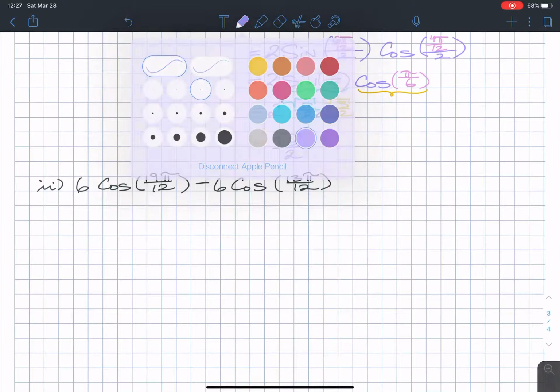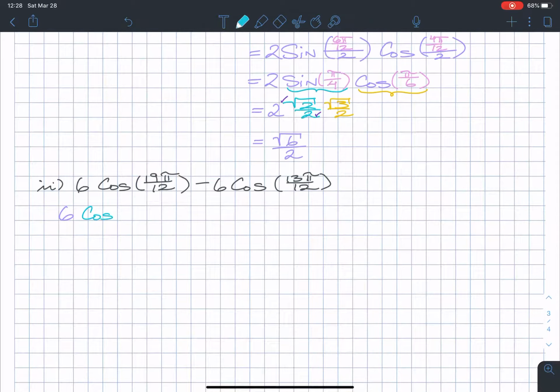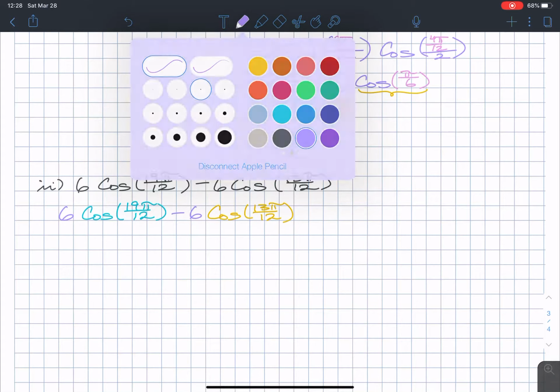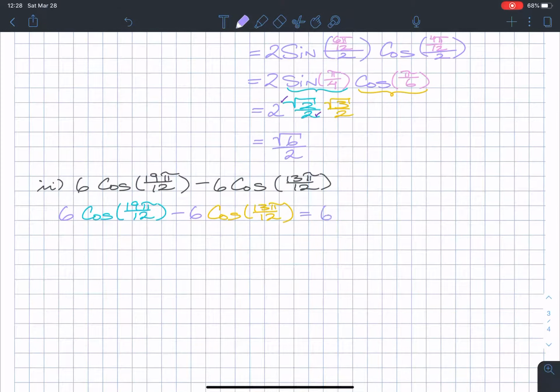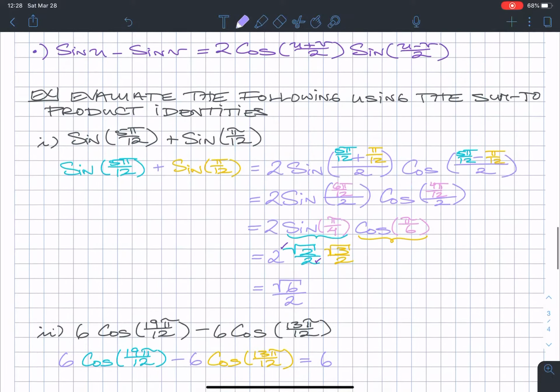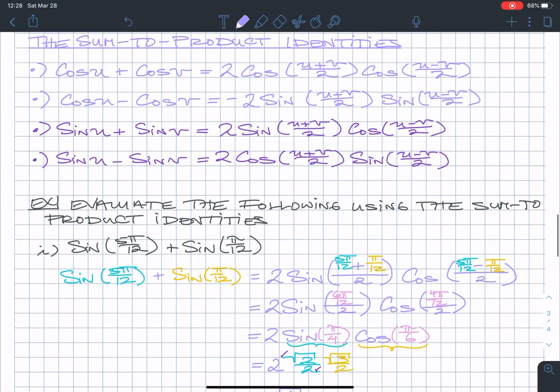This is 6 times cosine of 19 pi over 12 minus 6 times cosine of 13 pi over 12. Well, that's going to be factoring out the 6. What's cosine of a difference? Well, that's negative 2 sine of the sum times sine of the difference.